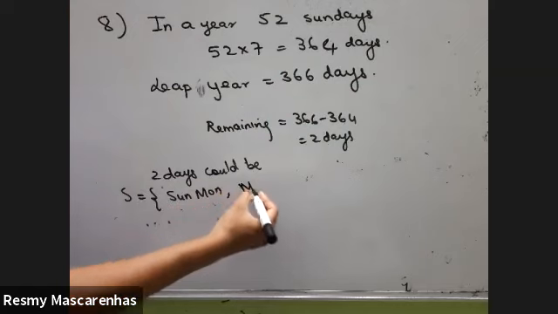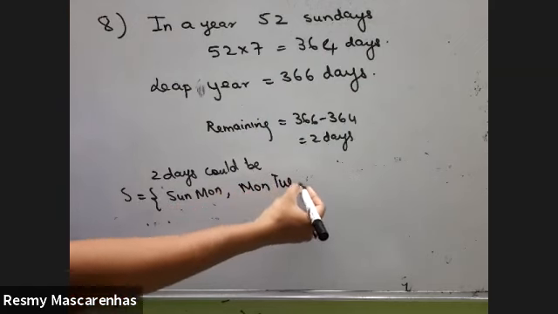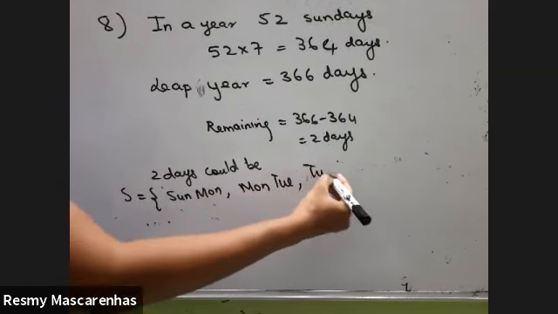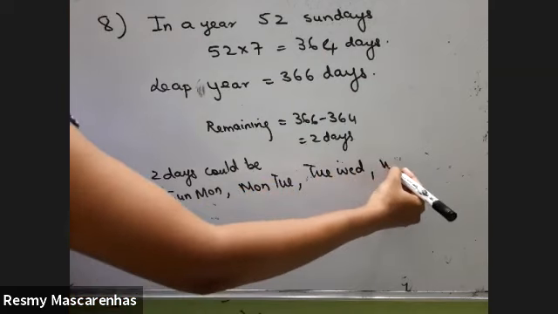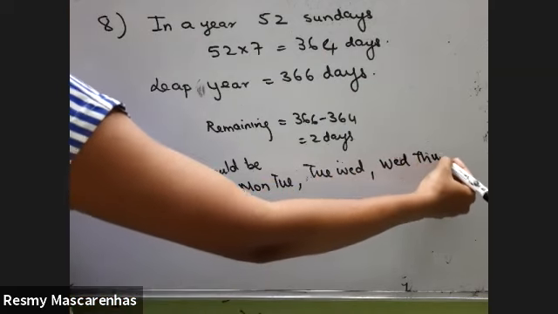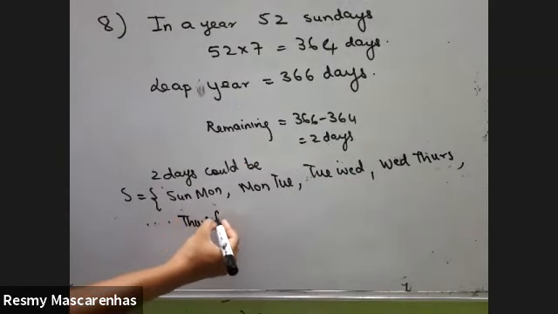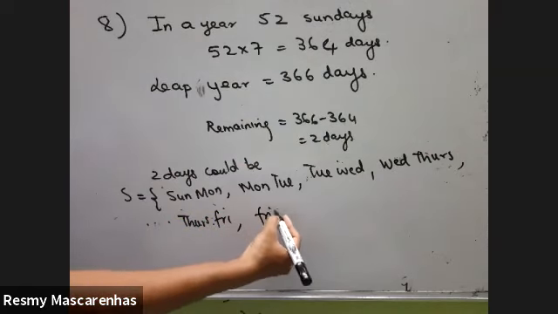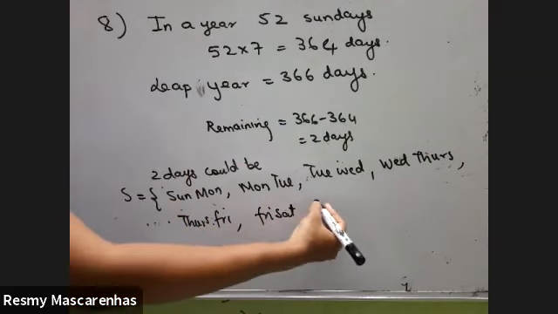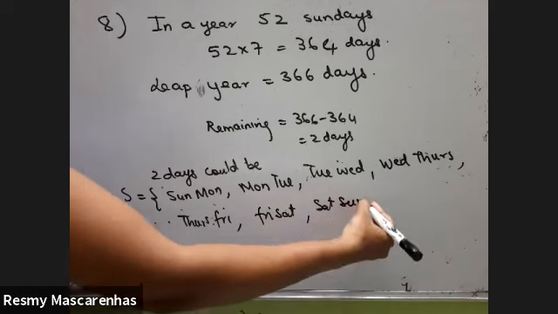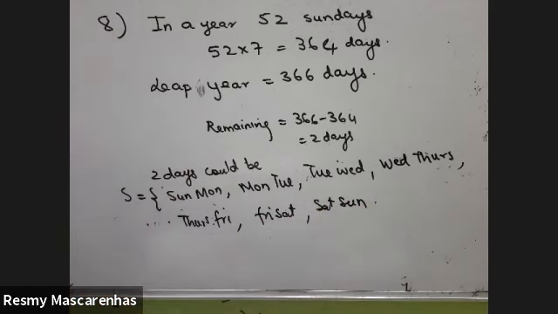Then Monday, Tuesday, it could have been. We don't know what it is. Then Tuesday, Wednesday, it could be. Wednesday, Thursday, it could be. Thursday, Friday. Friday, Saturday. Or Saturday, Sunday.